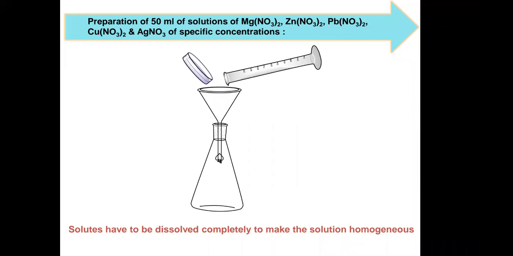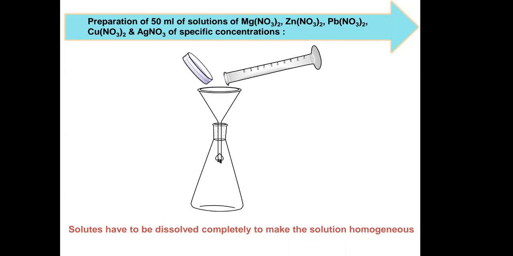And also we have to measure the volume of 50 ml of water in a graduated cylinder. Then both of these solid and liquid we shall carefully add to an earthenware flask with the help of a funnel, and then mix well.